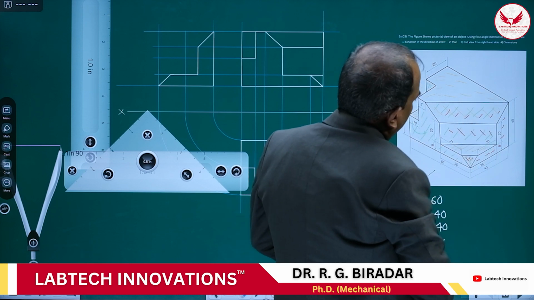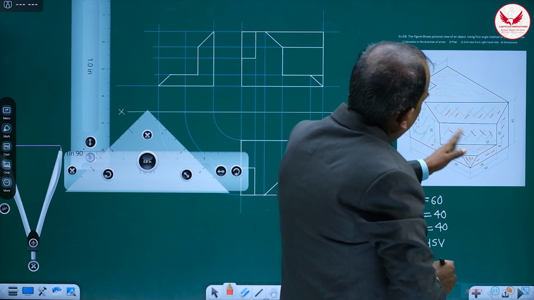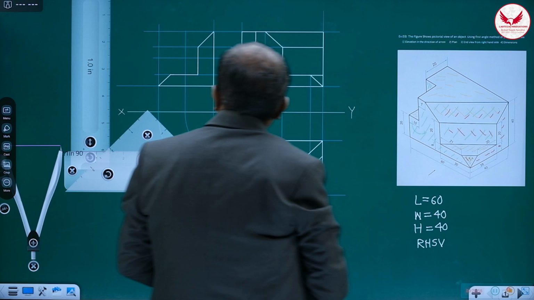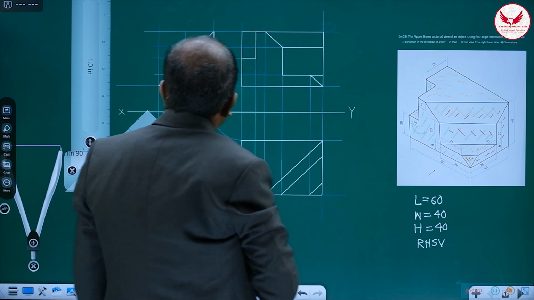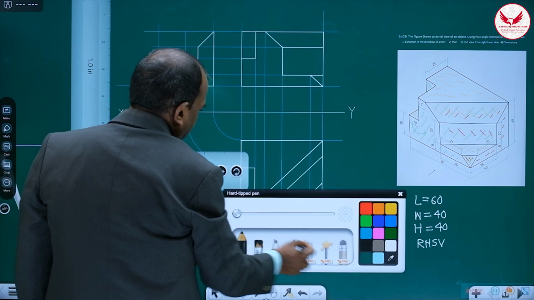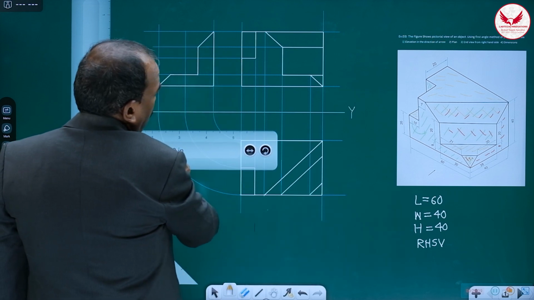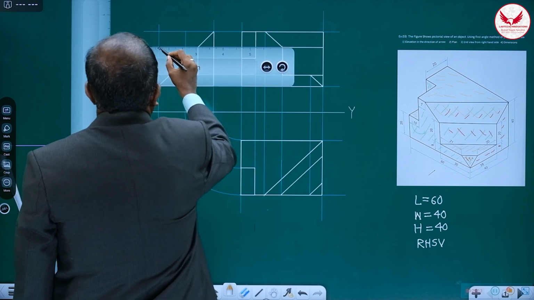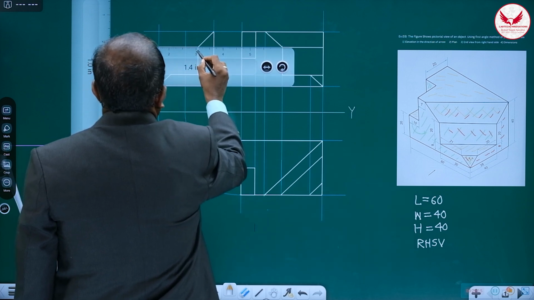This is third. Means this portion is going to be visible, and then how we can mark it? Let's see. So whatever that second part is there, upper portion, it will be like this in the side view.